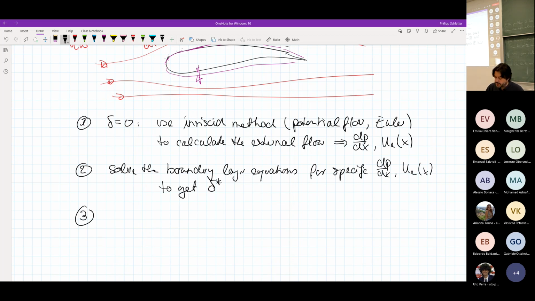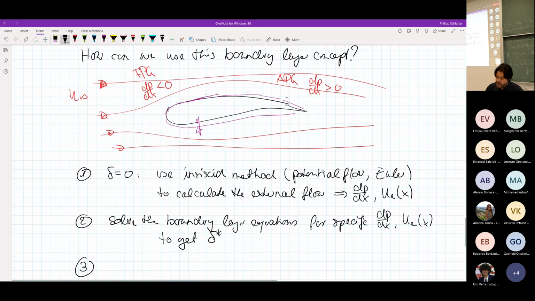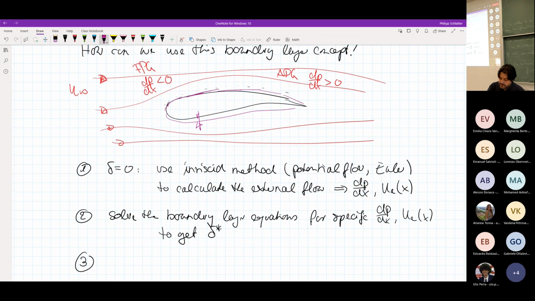I guess now it becomes clear what the third step would be. Once you have this displacement thickness, you would then modify your geometry, essentially making your geometry thicker by the value of delta star, by this displacement effect that the boundary layer had.